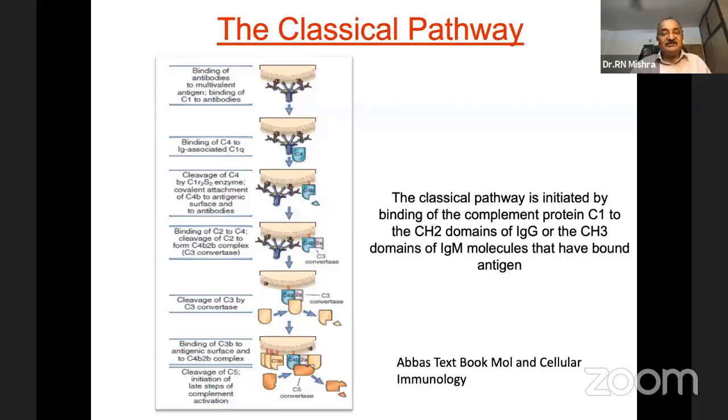But upon some signal, the C1, which is a big molecule, a pentamolecule, binds to antibody, and there are specific regions in the antibody. You've heard about the CH2 domain of IgG and CH3 domain of IgM.